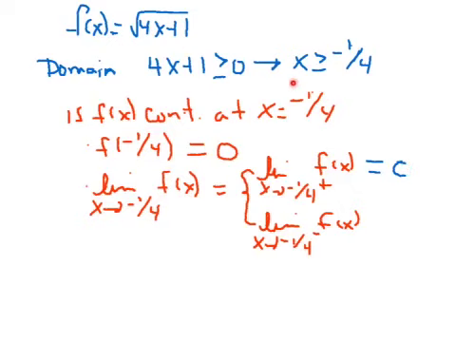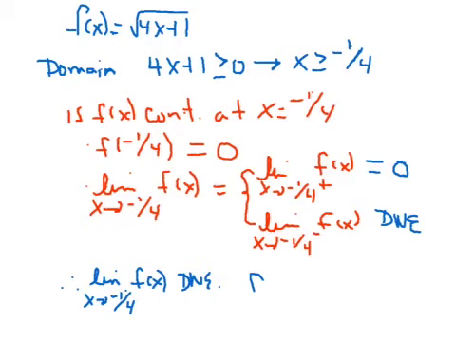Now we do have a problem for less than negative 1/4, because we're not allowed to choose numbers less than negative 1/4 and get a real value. So here, the left side does not exist. So therefore, the limit as x approaches negative 1/4 does not exist.